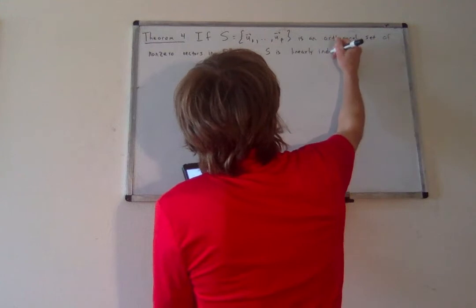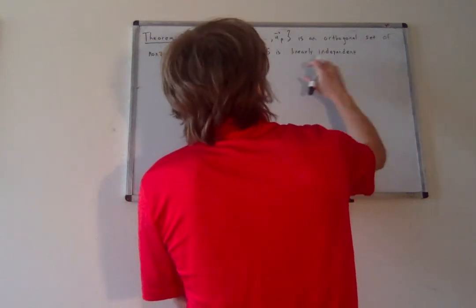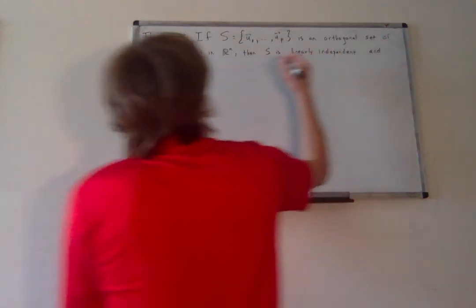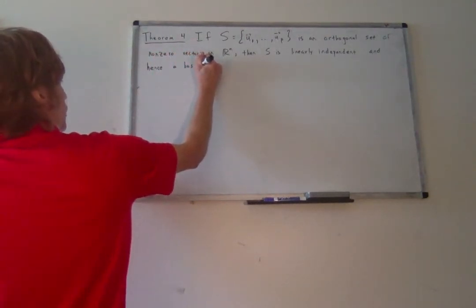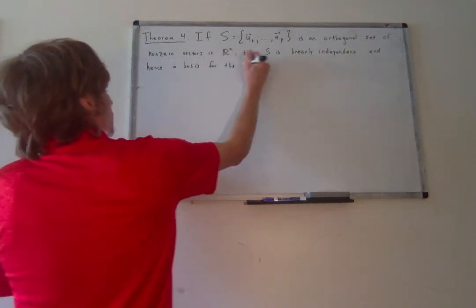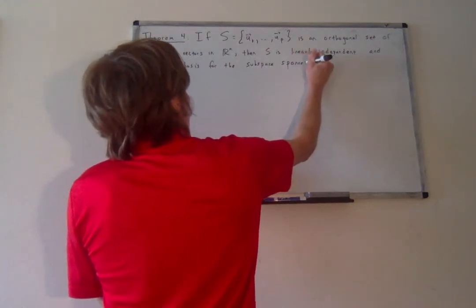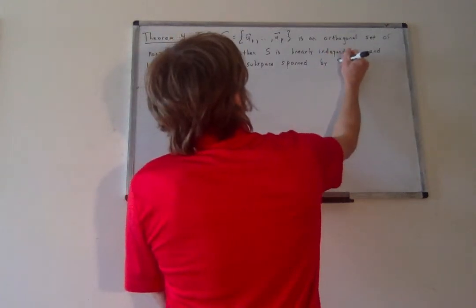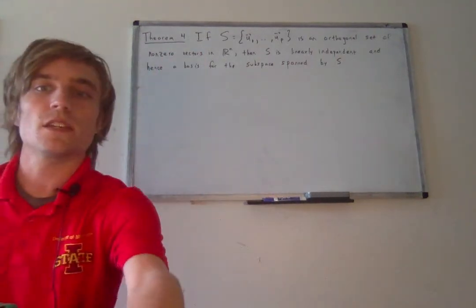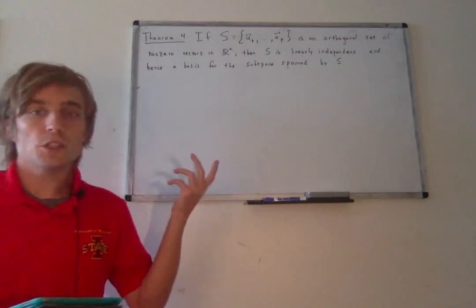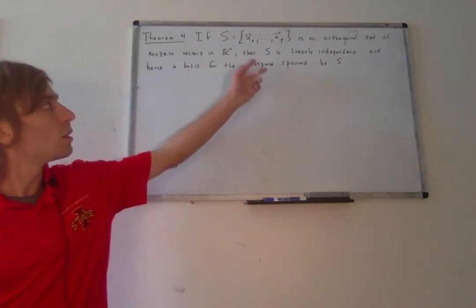Your book adds this, but the second part just follows from the invertible matrix theorem or from any one of those theorems, and hence a basis for the subspace spanned by S. This sentence isn't saying too much other than the fact that this is a linearly independent set of vectors, and if we take its span, then it's a linearly independent set that spans whatever set it spans, and so this is a basis.